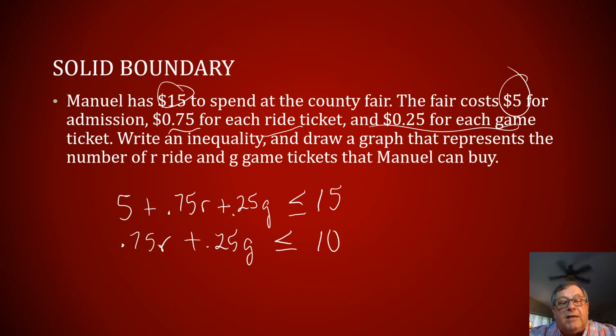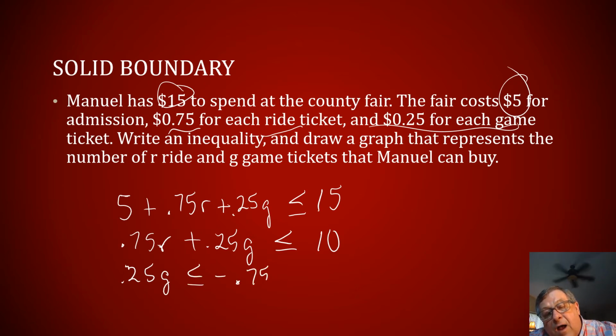And then let's subtract the 0.75R from both sides, so we're going to isolate the game ticket. We could do it the opposite way, but this one will work pretty well. So now I've got 0.25G, game tickets, is less than or equal to negative 0.75R plus 10.